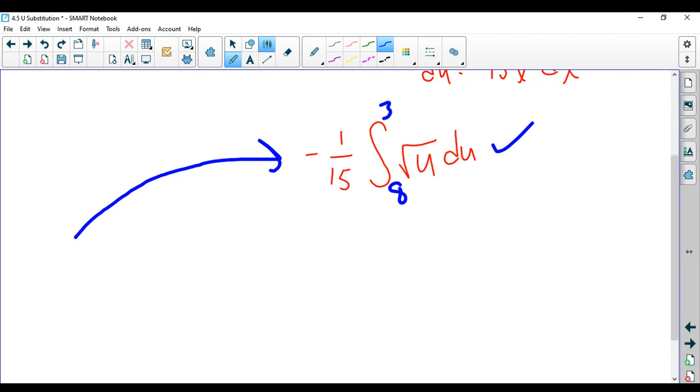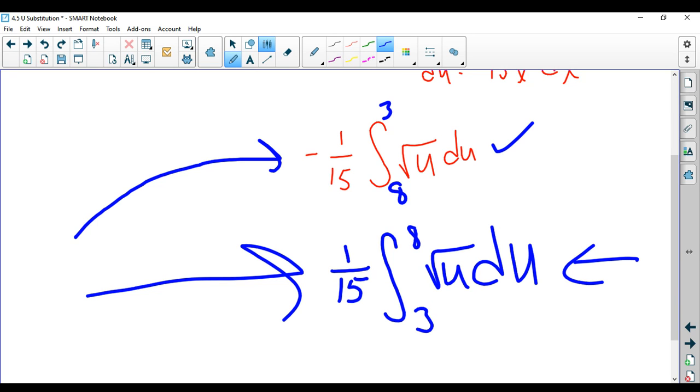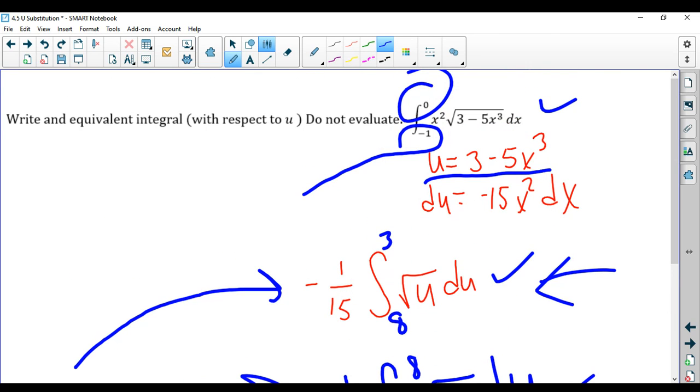So this can possibly be written as, since it's a multiple choice, you have to watch out for that, positive 1 over 15 times the integral from 3 to 8. That would also be equivalent, and that could also be an answer, and you can check on the calculator. If you type this on the calculator, this on the calculator, and this on the calculator, they're all going to be the same.